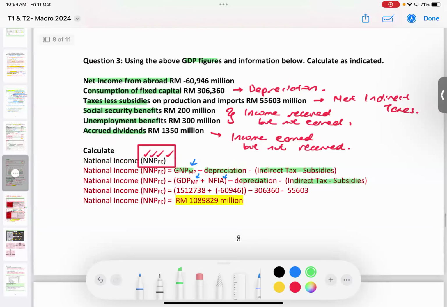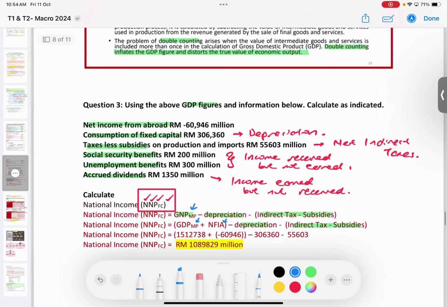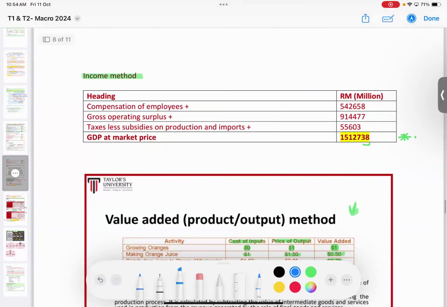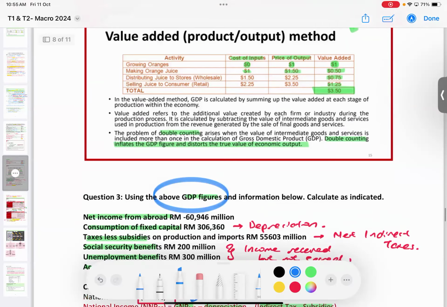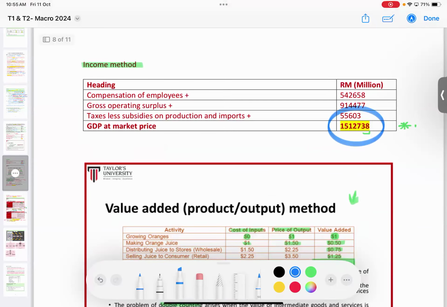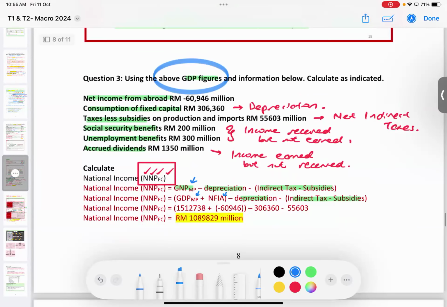So I can put that in, no? GDP is how much just now? We use the data from the above, as specified in the question, using the above GDP figures. So this amount is the GDP at market price, plus net factor income abroad, this one.